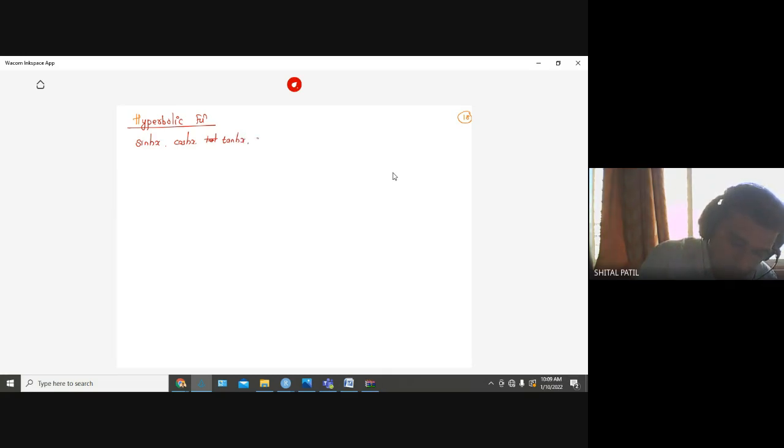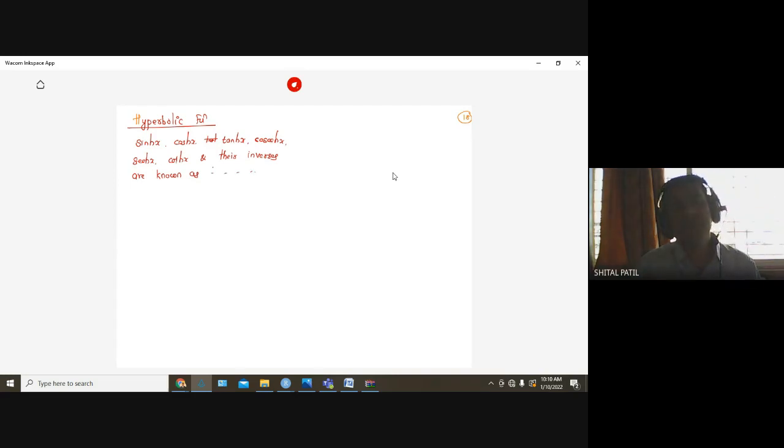Then it will be cosec hyperbolic of x, sec hyperbolic of x, cot hyperbolic of x, and their inverses are known as hyperbolic functions. Why they are known as hyperbolic functions we'll understand, but before that we'll understand its exponential form.